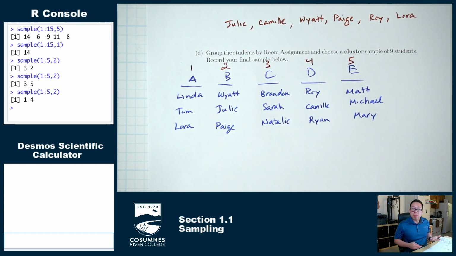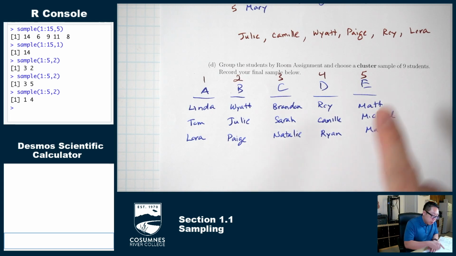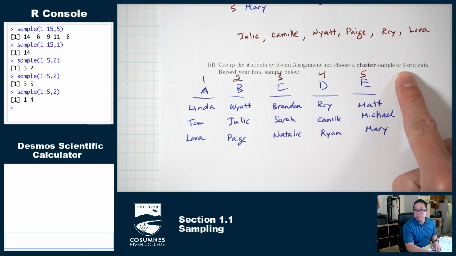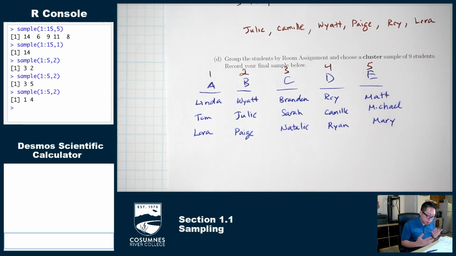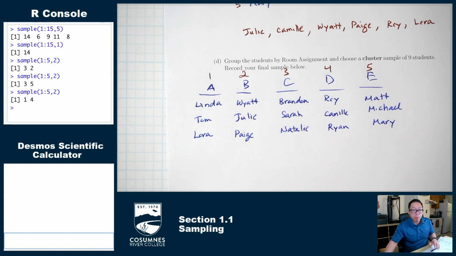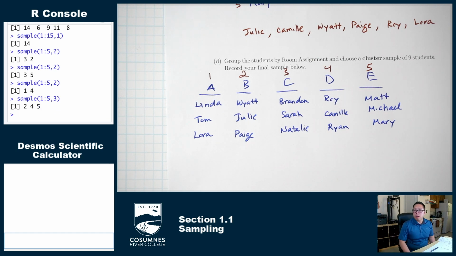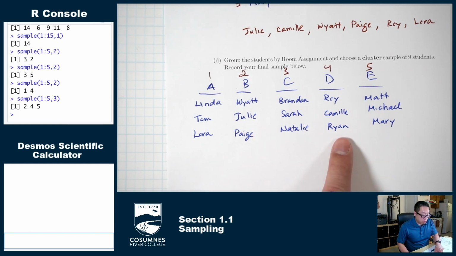Now, I want a total of 9 students, which means to get a total of 9 students, I'm going to pick 3 of these groups. So I'm going to pick 3 numbers between 1 and 5. So sample 1:5, and I want 3 numbers: 2, 4, and 5. This is telling me to use group 2, group 4, and group 5.